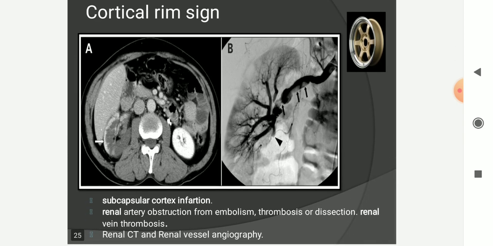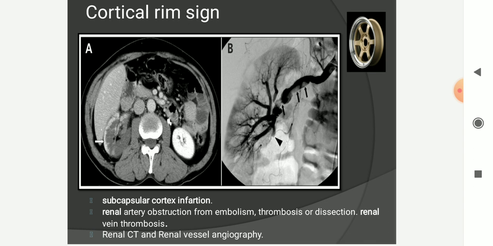Cortical rim sign, it is just like a rim of your car tire or cycle tire. So it is some sort of infarction of the cortical surface of the kidney, that is the subcapsular cortical infarction. Renal artery obstruction, the cause from embolism or thrombosis or dissections or renal vein thrombosis.